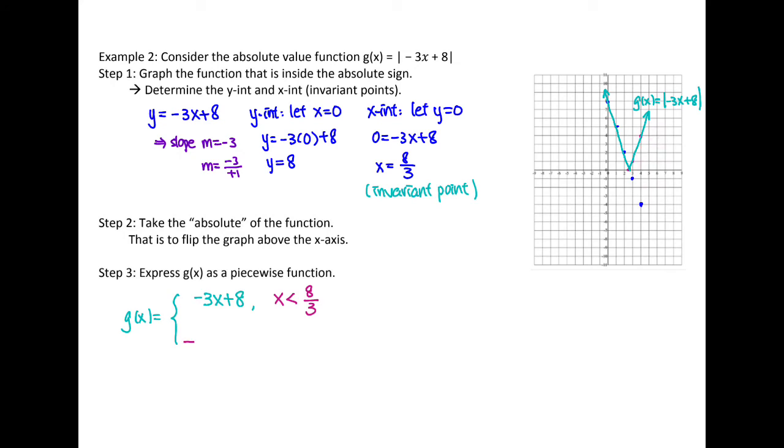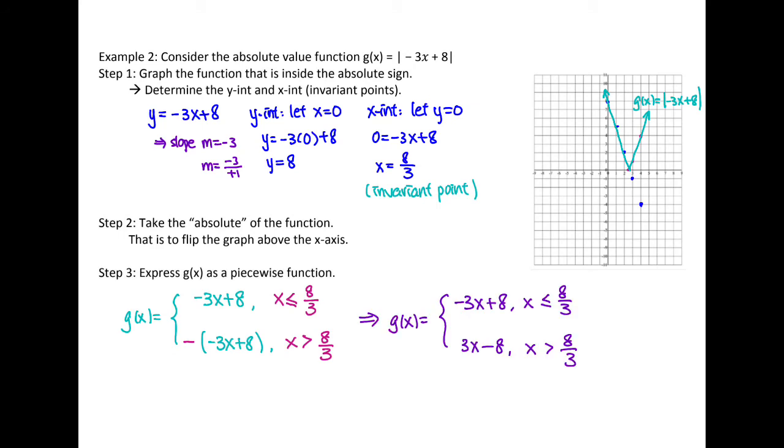So we have to times by a negative sign in front of the function negative 3x plus 8 when x is greater than 8 over 3. And once again, we also need to include the invariant point. So we put an equal sign on one of the pieces. So we're going to put it on the first piece. Then we will multiply the negative sign into the second piece to have a simplified piecewise function for g(x).